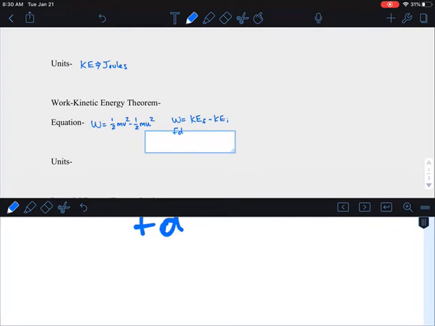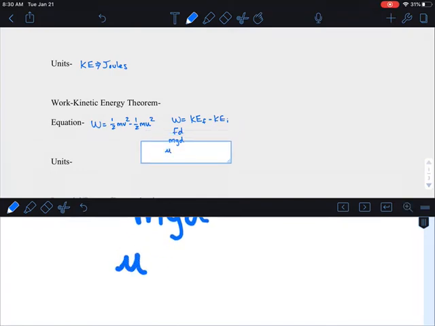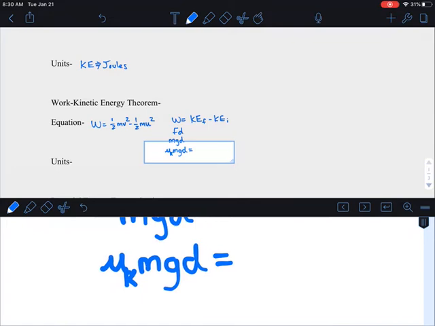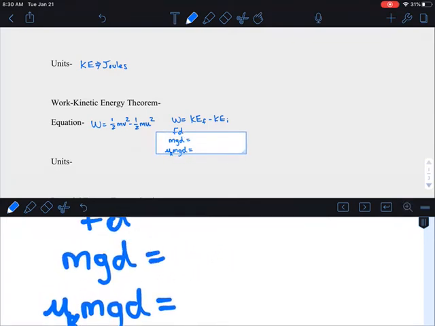We can rewrite it as mgd, right, mass times gravity times displacement, equals the change in kinetic energy. Right, we could also rewrite it as mu k, so the coefficient of kinetic friction times mass times gravity times displacement equals the change in kinetic energy. So any of these I could write.